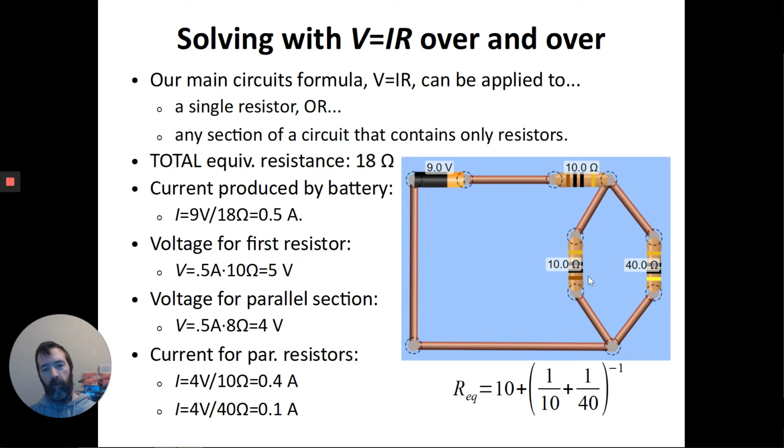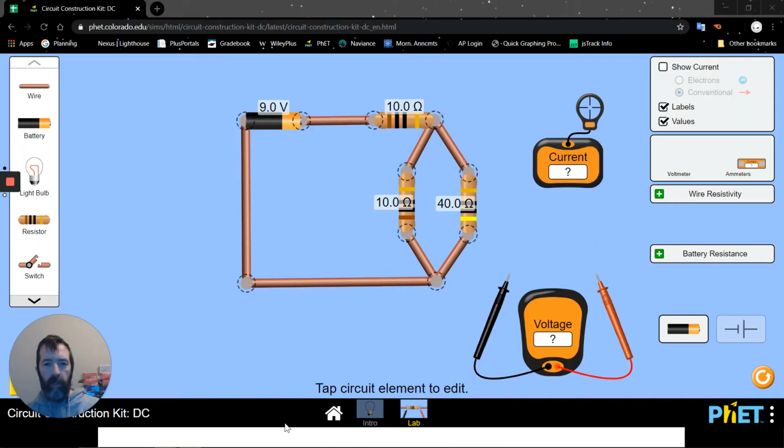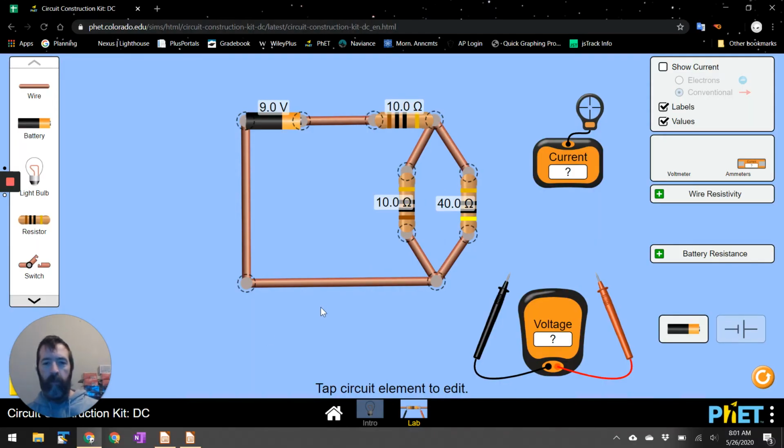There's got to be 4 volts here, and the resistance is 10, so the current is 0.4. There's also 4 volts here. 4 volts over 40 ohms is 0.1 amps. Now I can show you all of that in the simulation where I drew it.